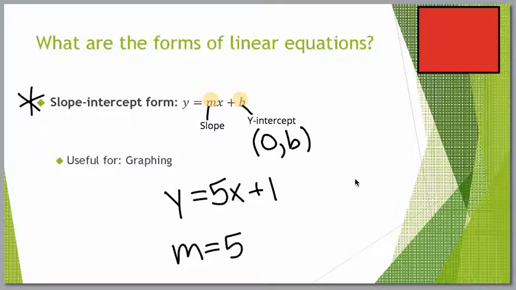And so our y-intercept, we'll just call it y-int for short, would be 0 for the x value, because x is always going to be 0 along the y-axis, and the actual intercept is going to be 1. So that's a way to extract some information from this particular equation in slope-intercept form. So this is the big one, right?